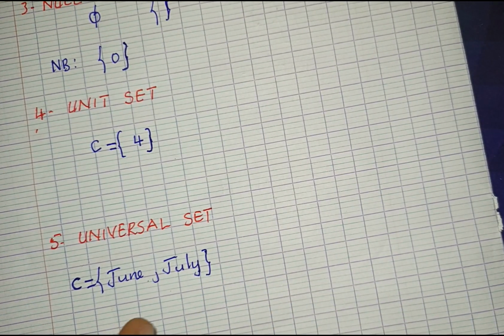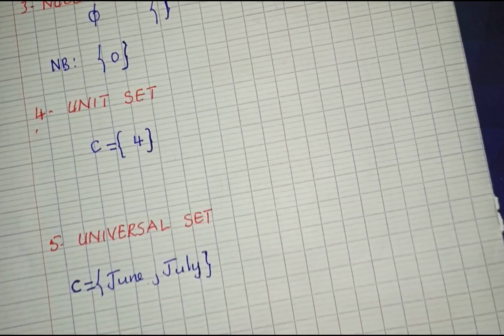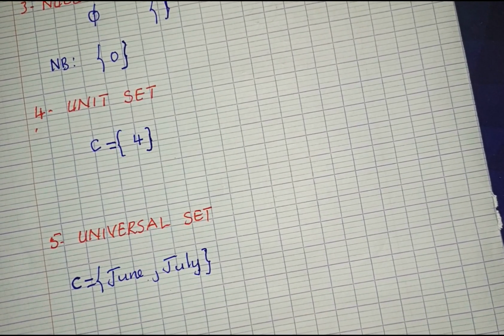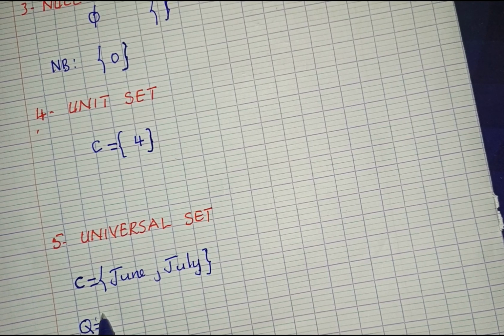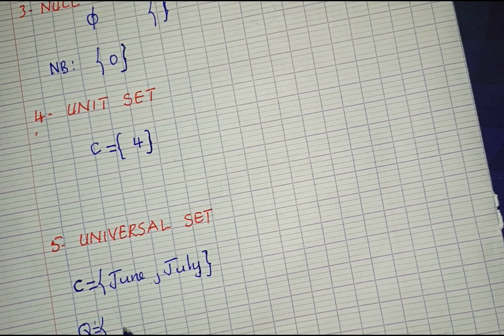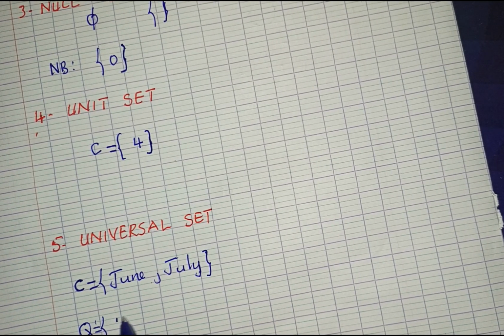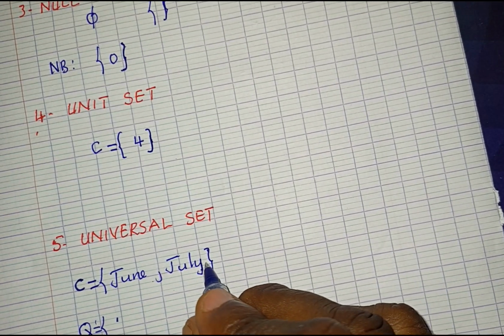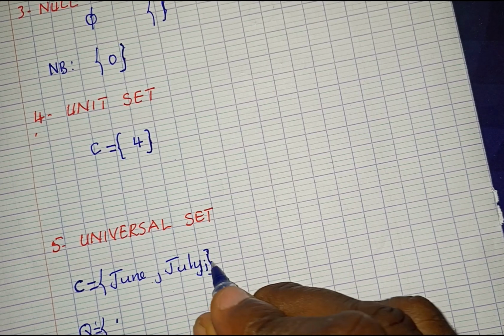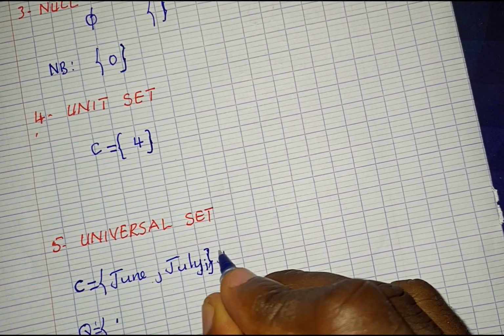So if I take this set as C, this set is a part of a set. And that set, which is maybe Q, is a set of all the months of the year. Sorry, I have July and I have January also.